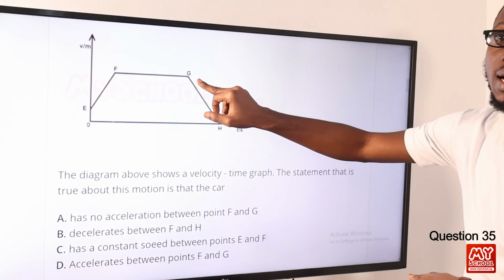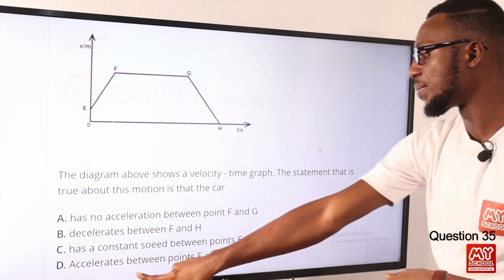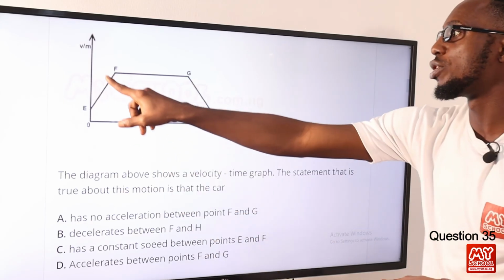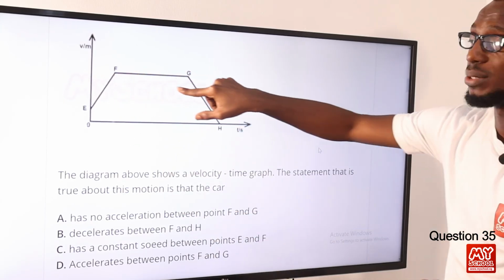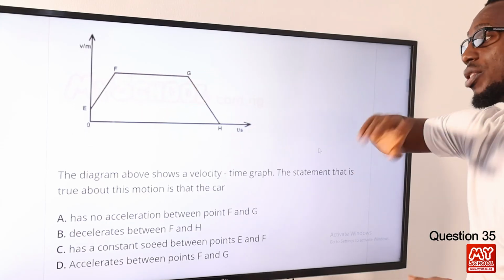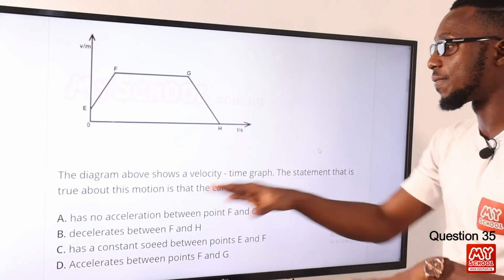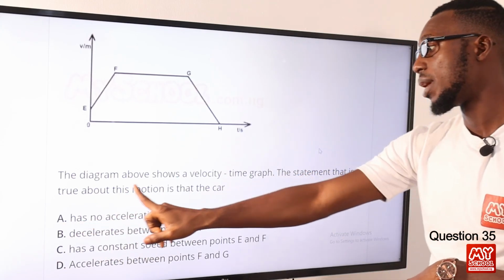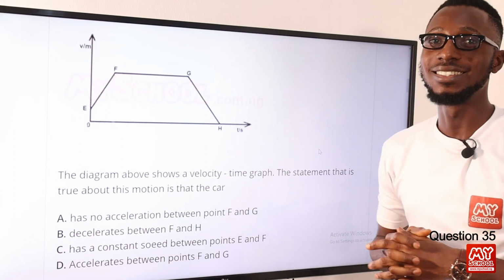This is where we have constant speed. Right here, you can see the acceleration did not change. We have 0 here for acceleration. So the correct statement is option A, that the car has no acceleration between points F and G.